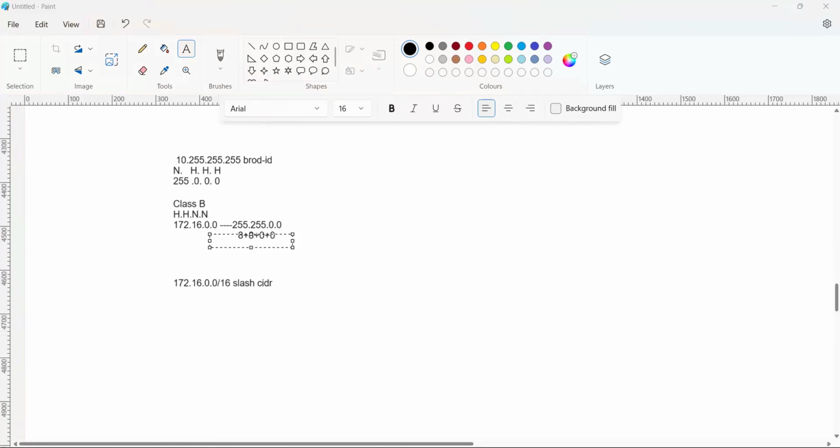And what is the difference between private IP and public IP?